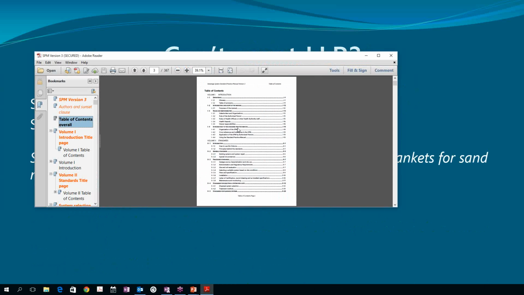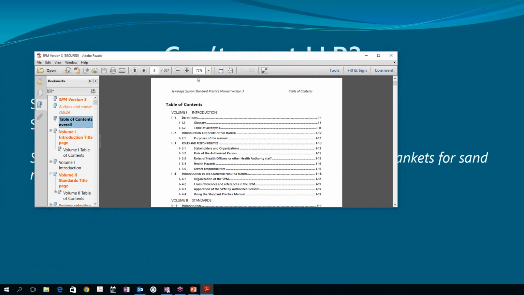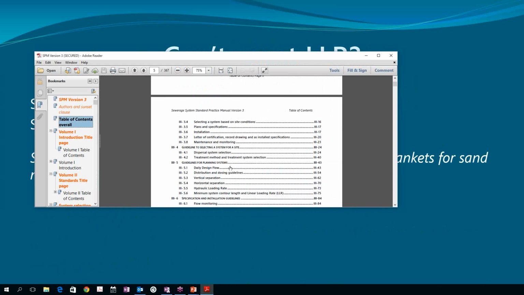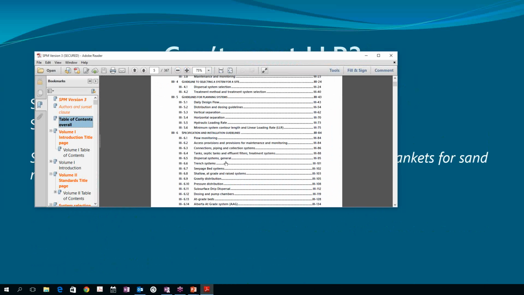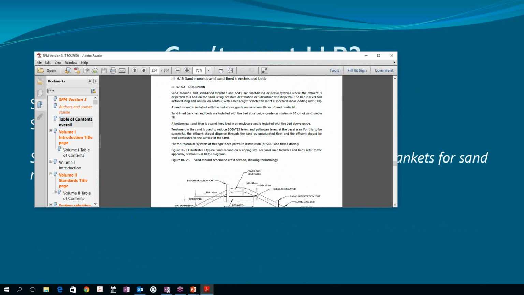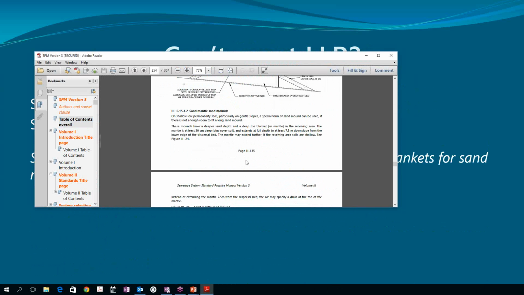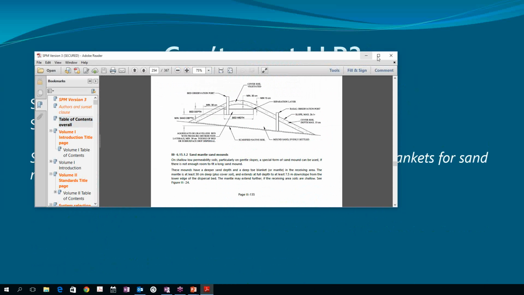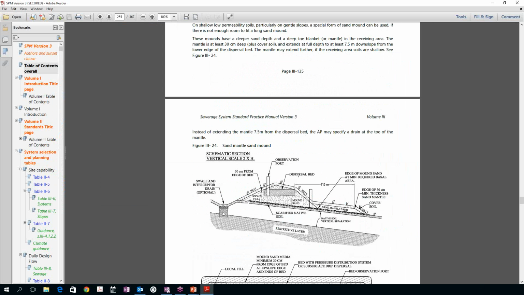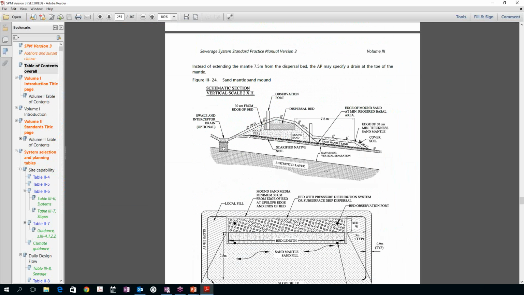That is section 3, volume 3, 6.15.2. There's a regular sand mound. Okay. And there is a sand mantle. So this is new.